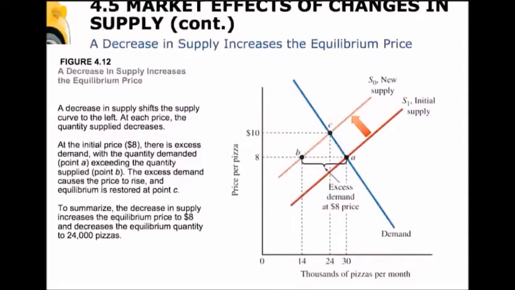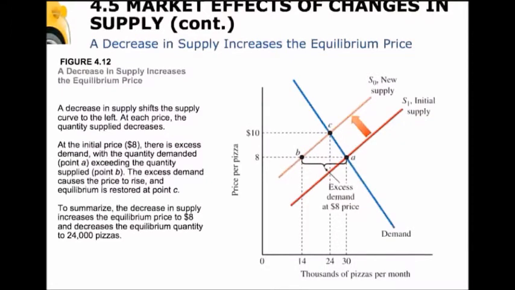The market effect of a decrease in supply is the opposite of an increase in supply. Suppose we look at the market for pizzas and we start out at an initial supply curve S1 and the demand curve. We have an equilibrium at point A where the price is $8 and the quantity is 30,000 pizzas per month.